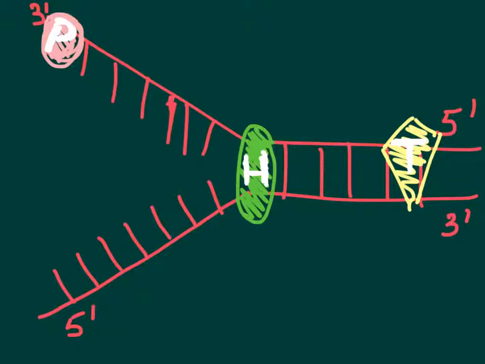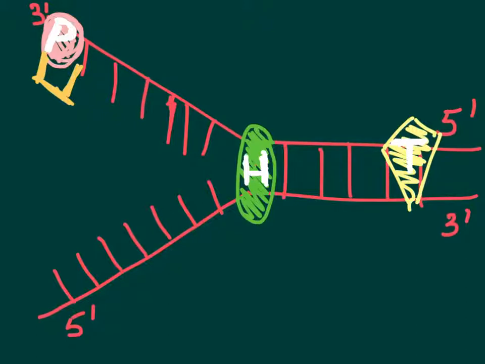Does it always start at the 3 to 5? Because that's the only direction it can read. So it attaches a short primer. It happens for both of them. They can both only go in that direction. So here's our primer. It's been attached. Then primase actually floats away. It attaches the primer, and then it falls off.